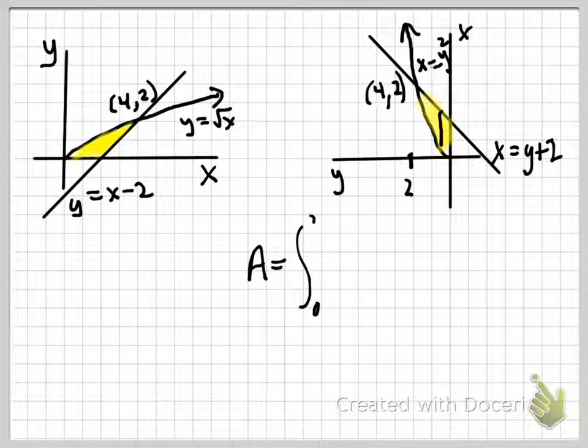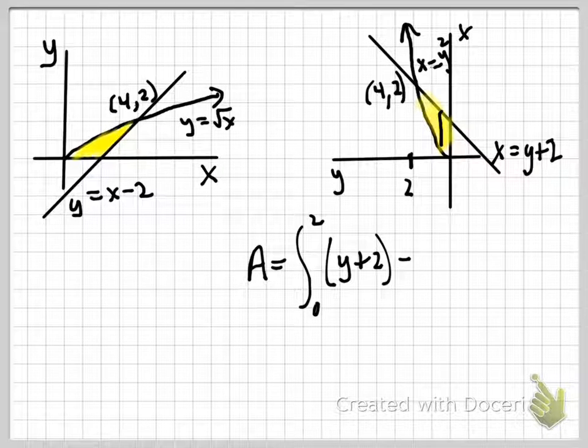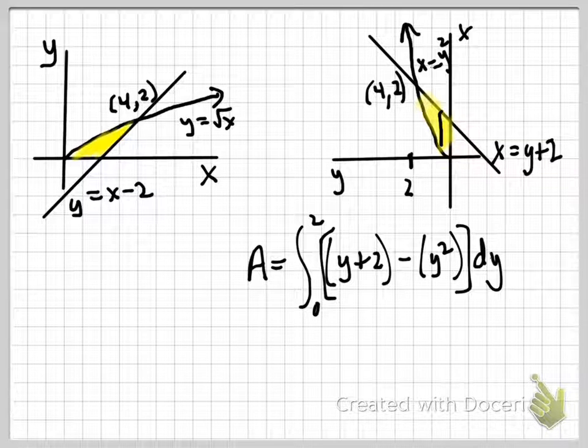So we go from 0 to 2 of the top function, which is y plus 2, minus the bottom function, which is y squared, and all of that would be done now with respect to y. So that's another way to still come up with the same answer of 10/3.